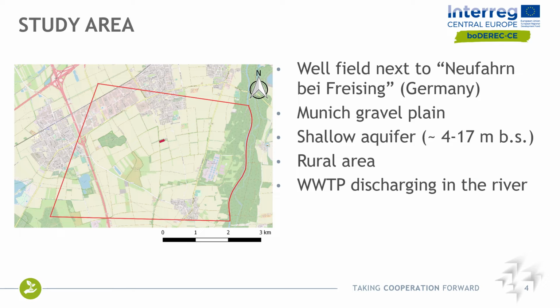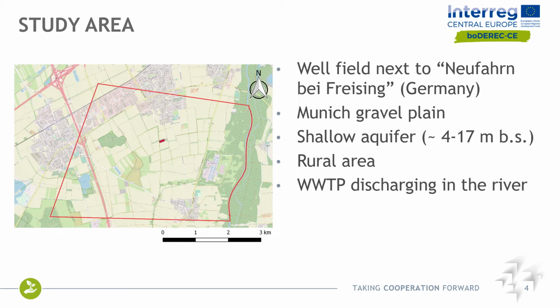The examined study area is located in Neufahrn by Freising, which is 15 kilometers north of Munich in the south of Germany. 3 wells extract water from the shallow aquifer. The wells are displayed by the red dots.